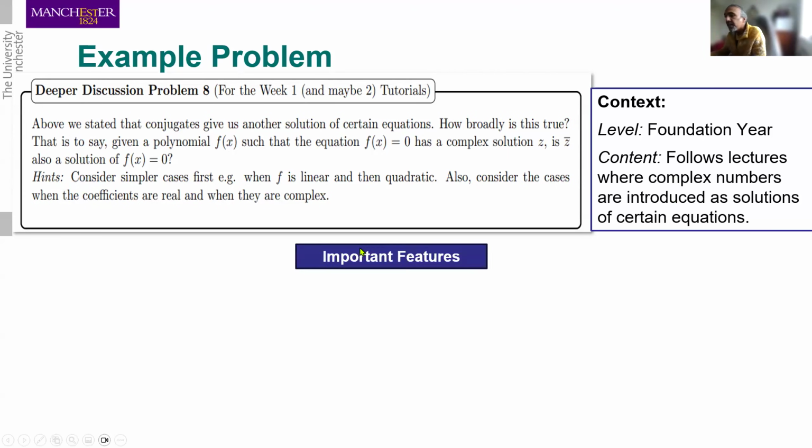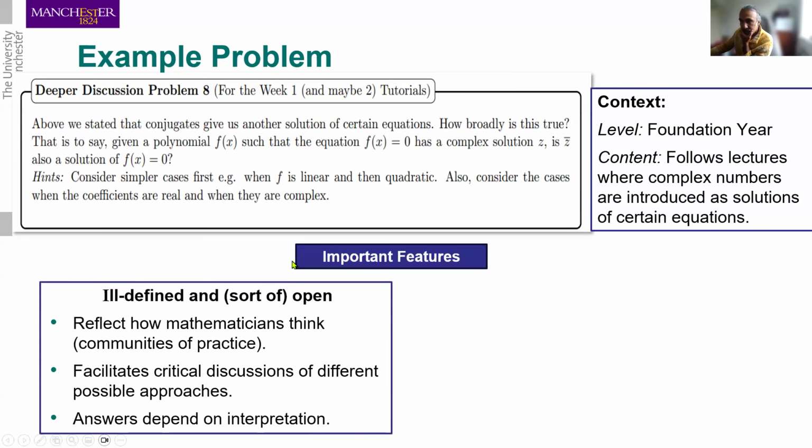Now, there are a few key features here that I want to really point out, and I said earlier on that these problems tend to be ill-defined and/or open. Well, here's an example of where this is ill-defined.